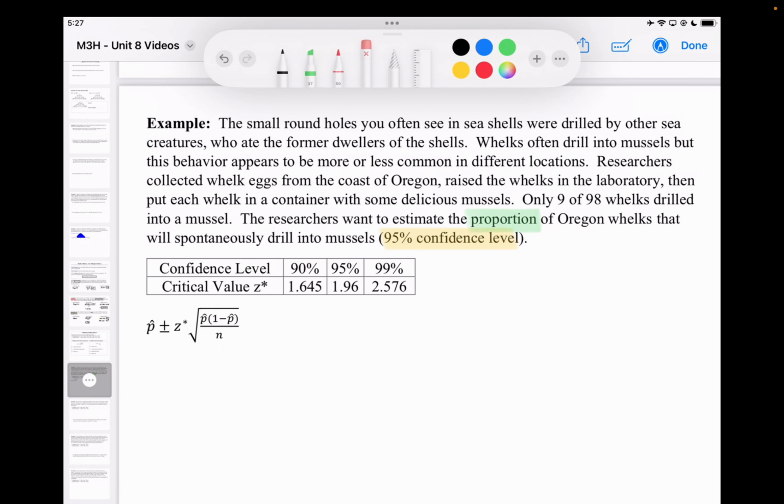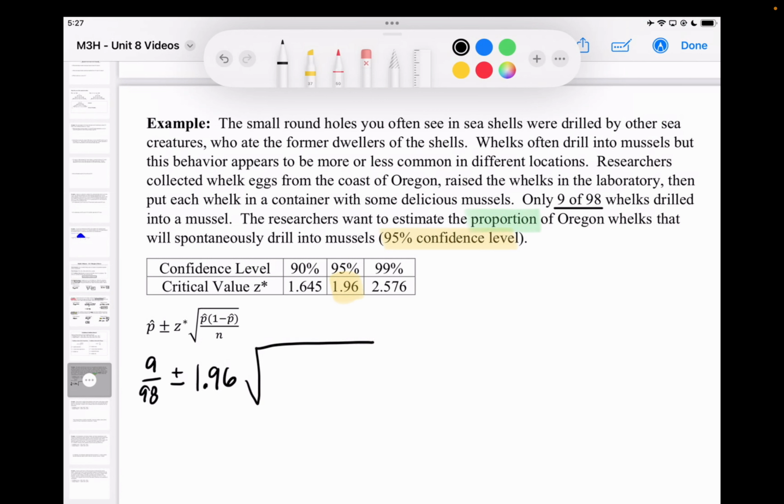So we need to find our proportion. That's the p hat. And the p hat would be the 9 out of 98. So I'll start with 9 over 98. And then I'm going to add or subtract my critical value. We said 95% confidence interval, so I'm going to use 1.96.